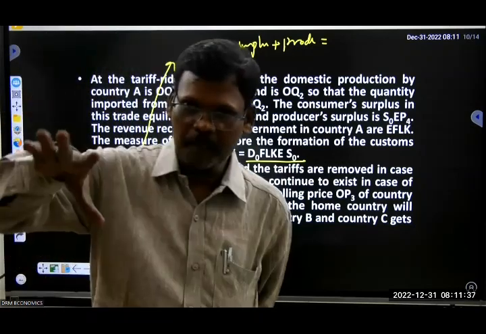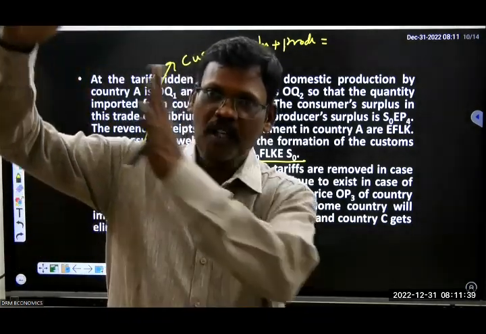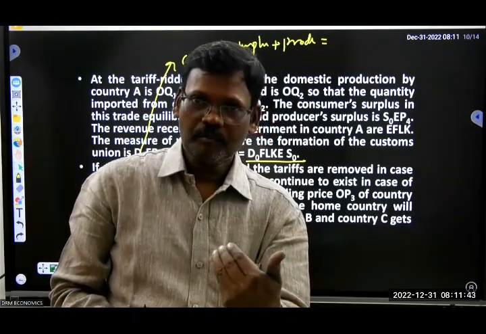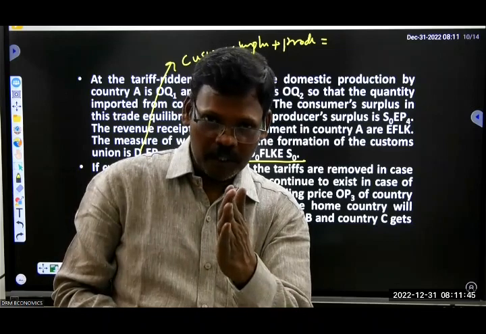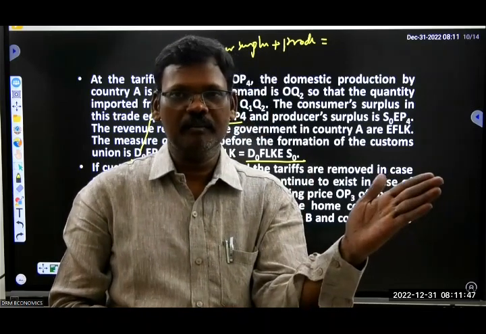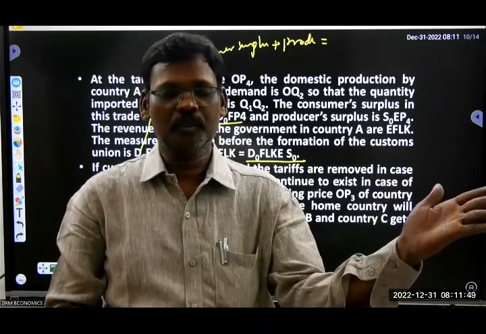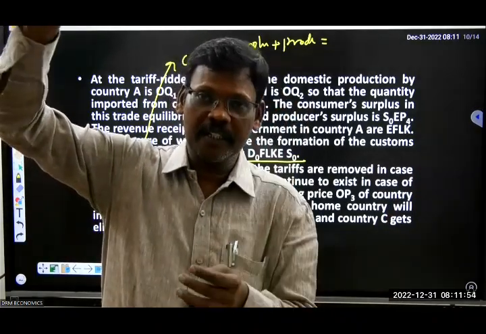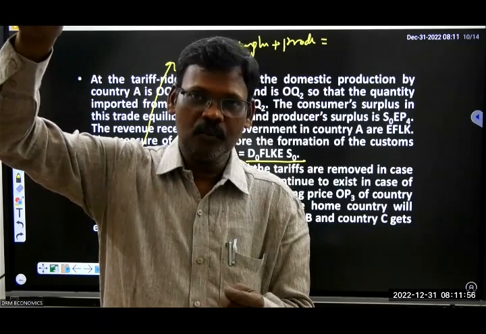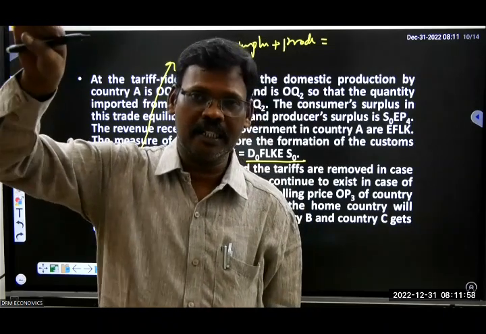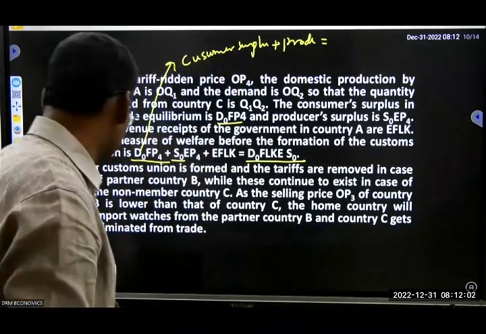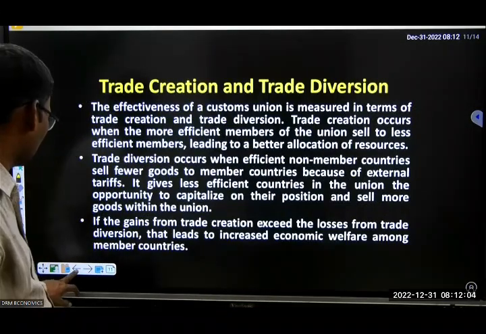So with this attitude from country B, country A will tie up with country B, because there we are getting lower prices than from country C also. Like that, the countries reach equilibrium.